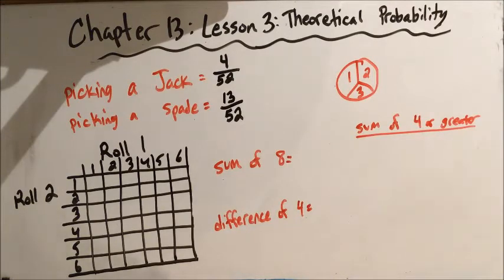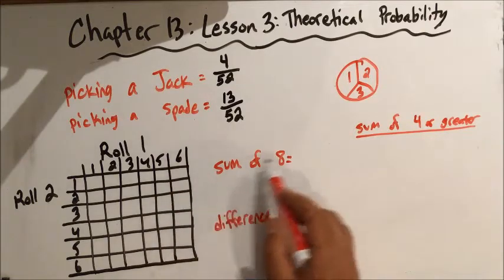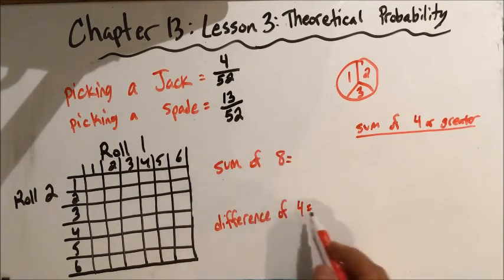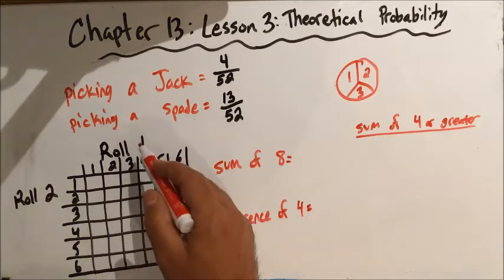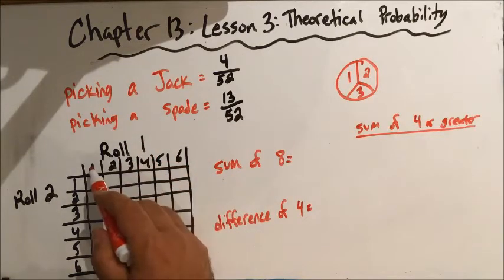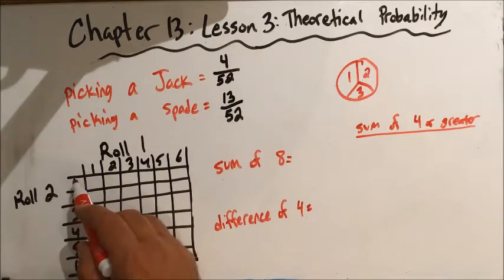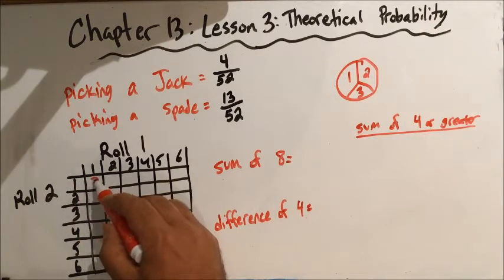Now let's say I was using dice, and I had 2 dice, and I was going to roll both dice. And I wanted to know how many have a sum of 8, and how many have a difference of 4. So the first thing I have to do is calculate all the options that I could possibly get when rolling 2 dice. If I rolled a 1 on my first die, and a 1 on my second die, my total would be 2.